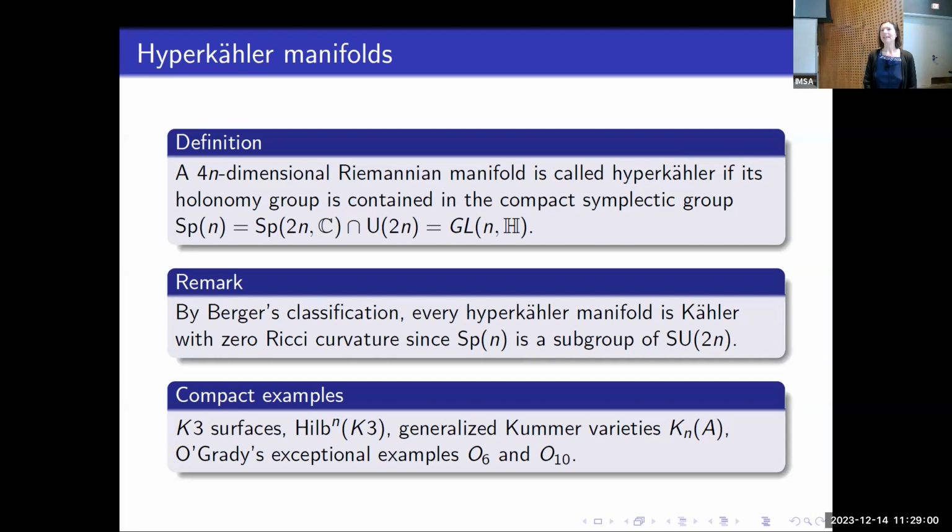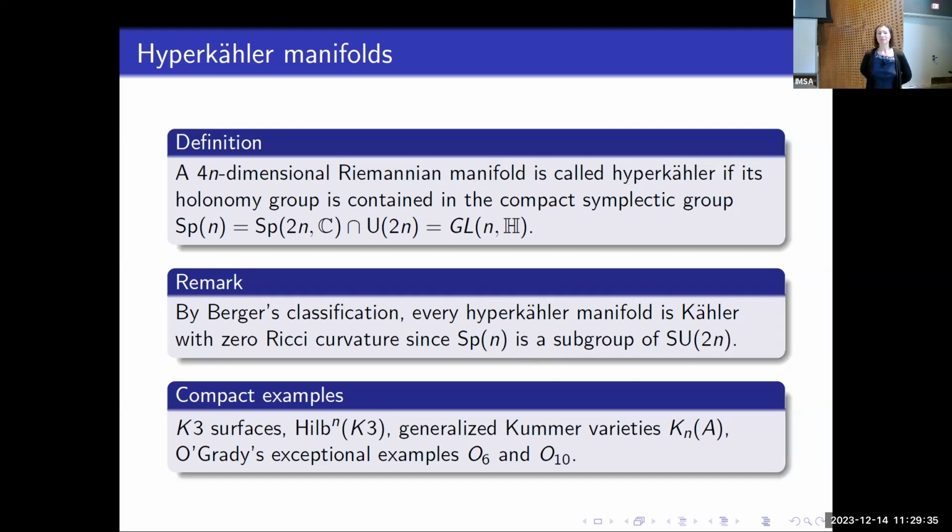And in the compact case, unlike the non-compact case, we have very few examples. In complex dimension 2, we have K3 surfaces. And then in higher dimensions, we have the classical series of examples which occur in any dimension: Hilbert schemes of K3 surfaces and their deformations, generalized Kummer varieties and their deformations.